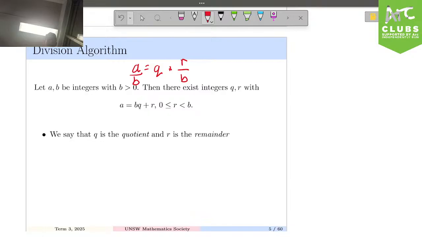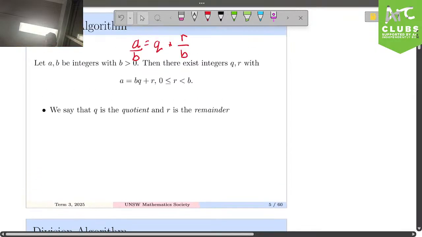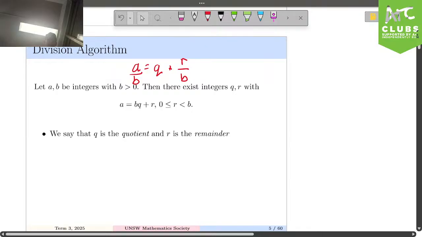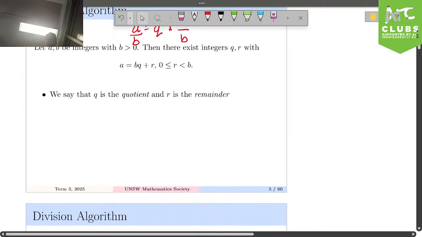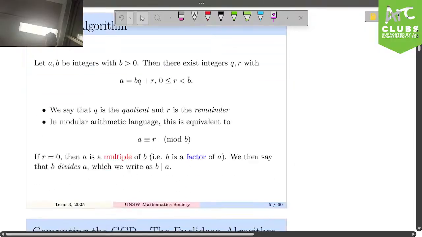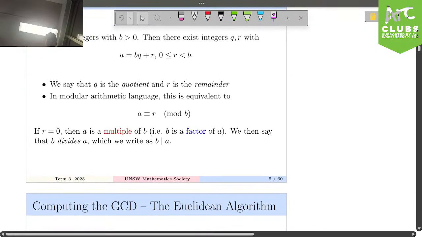Maybe we remember this from primary school. I struggled with it there, so it comes back. Unfortunately, everything always seems to come back. We say that q is the quotient and r is the remainder. This is how we get the definition of modular arithmetic.